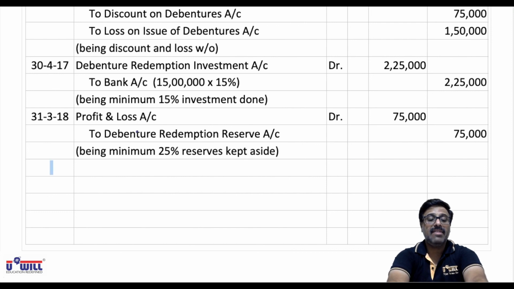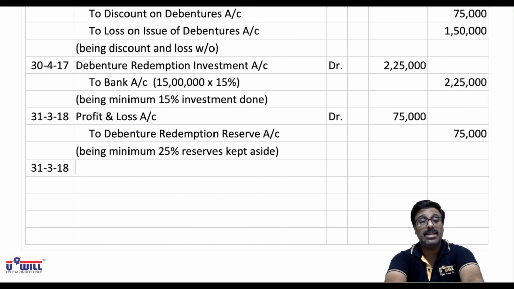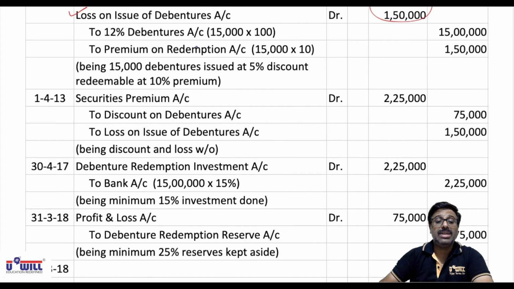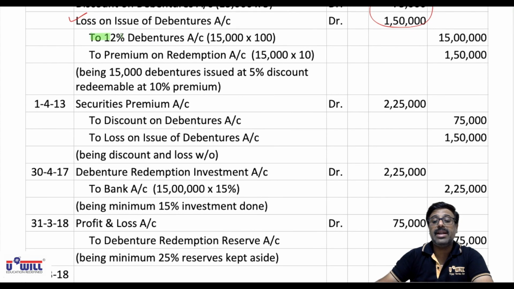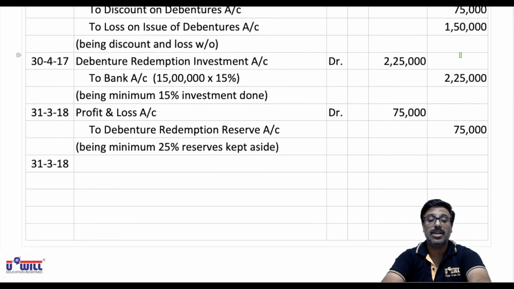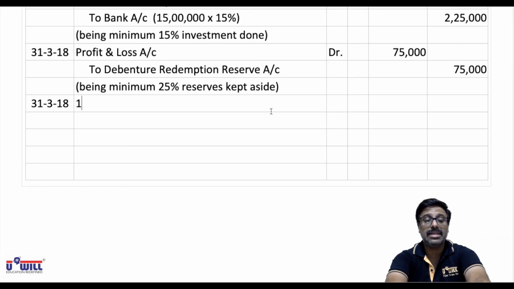Now after that we will redeem the debentures. All the conditions of Companies Act are fulfilled, so we'll redeem the debentures. To redeem the debentures, first we debit 12% debentures account and close with 15 lakhs. Premium on redemption account we will reverse, debit and close with 1,50,000. So total amount payable to debenture holders will be 16,50,000.